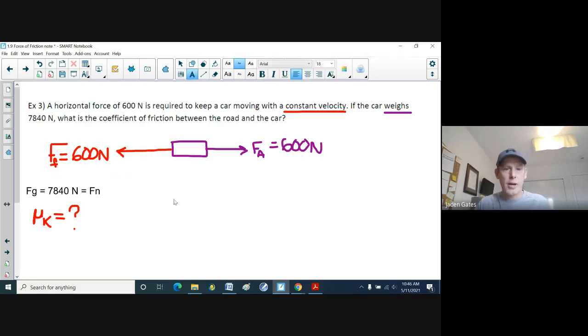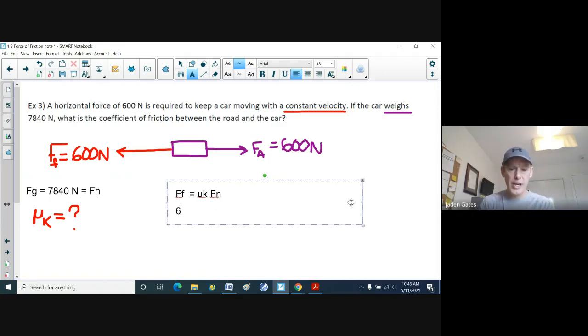All right, so again, I'm going to use my formula. Had a little bit of physics to figure out first. My force of friction is equal to mu k times our normal force. Because there's constant velocity, the horizontal forces have to be balanced out. They have to equal each other. So we have 600 left, 600 to the right.